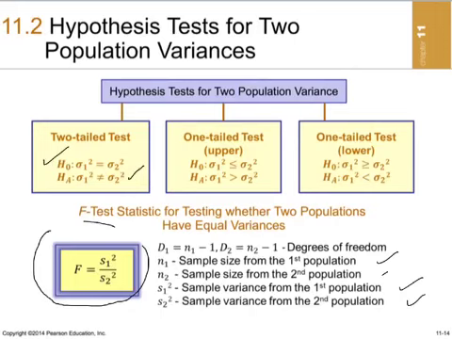So just to take a moment to shed some light on that F distribution. So far we've studied the normal distribution, Z. We studied the t distribution, and so now we're introducing the F distribution.